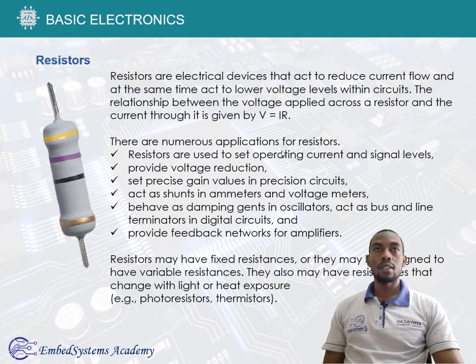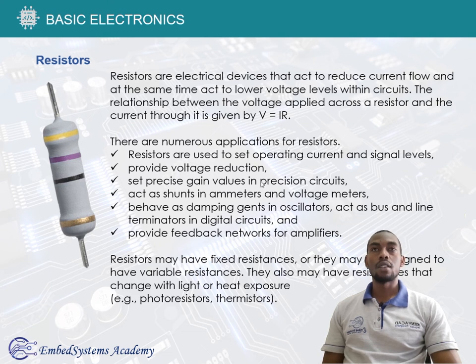Resistors are used in various applications just to set operating currents and signal levels in a circuit, to provide voltage reduction, and in some precision circuits to set gain values, and there are many other applications of resistors in a circuit, and we shall be seeing some of them in this course and in this lecture actually.